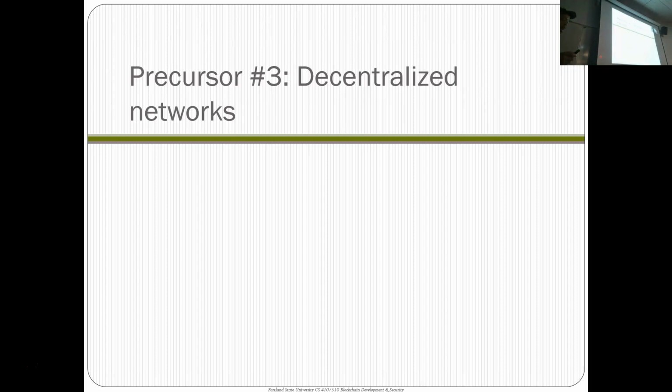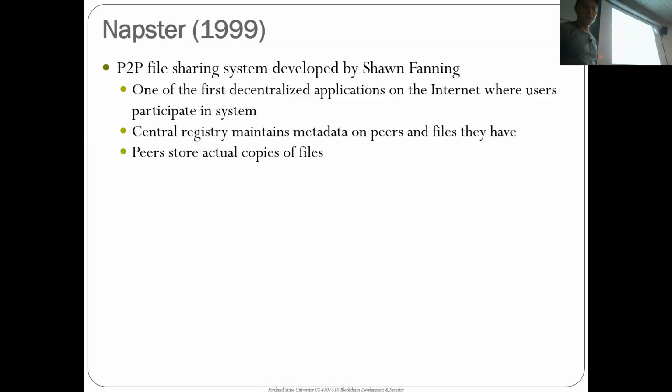Okay, the next precursor are decentralized networks. And the first example of this is Napster in the late 90s. This is a peer-to-peer file sharing system to exchange MP3 files, audio MP3 files. And this was really one of the first decentralized applications where all individual users, like you or me running this client, would create the application.